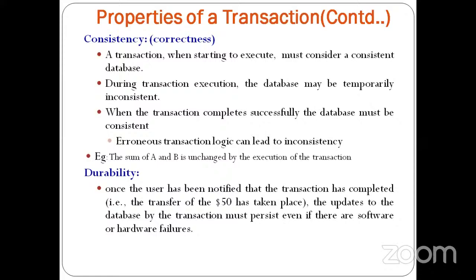Like if we are doing any transactions in PhonePe or GPay, the history is going to be maintained, right? Whatever transactions we have done to other customers of PhonePe, that whole history will be maintained without loss of data. That is durability. Even if any software or hardware failure occurs, the data will not be lost.